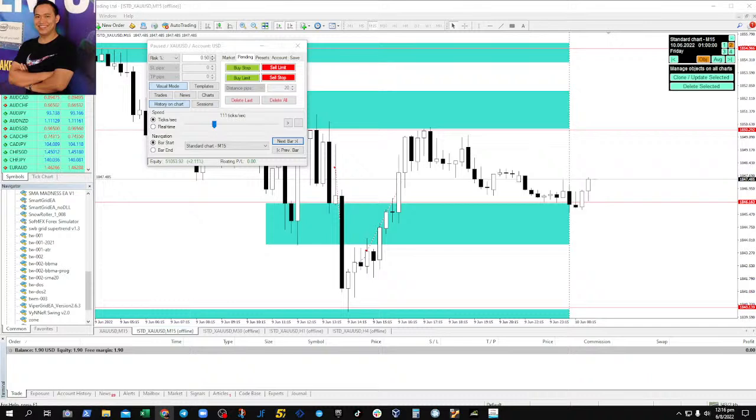Cannot sell because price has already tapped.